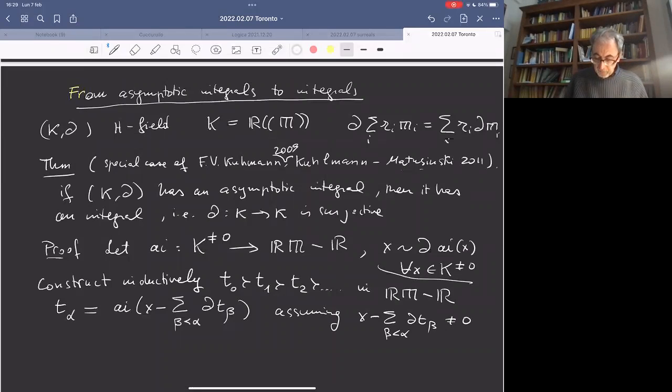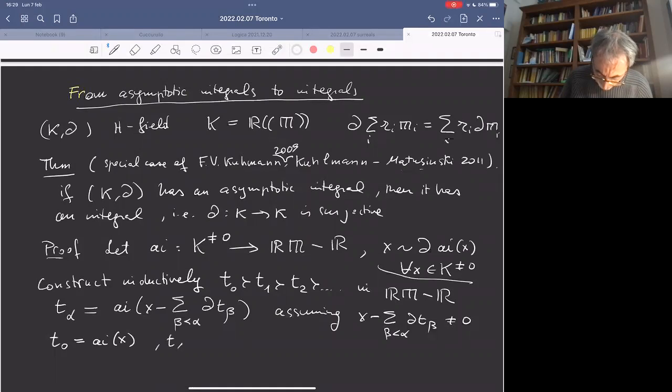So for instance, T0 is just the asymptotic integral of x.